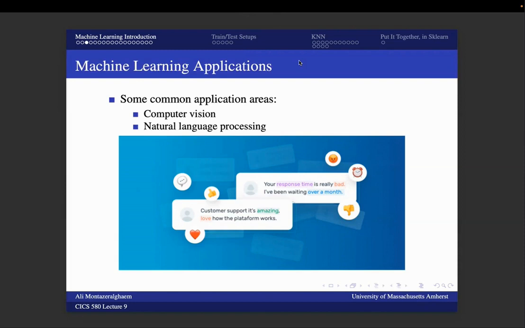For example, we have a product, and we get a lot of reviews from users, and we want to have a system that gets these reviews and predicts whether each review is positive or negative.